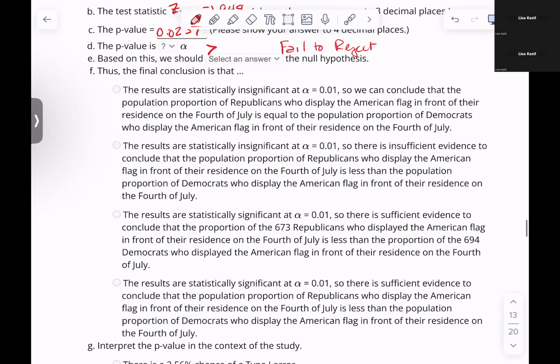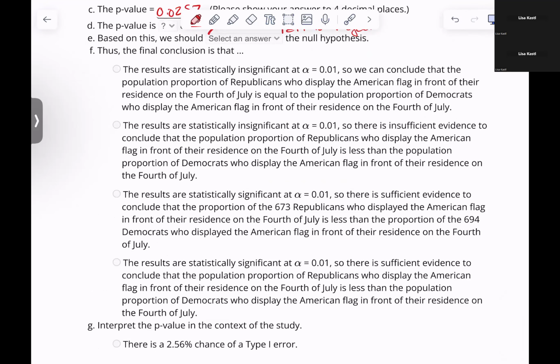So which one is true here? Second one? Okay, how about the next one?